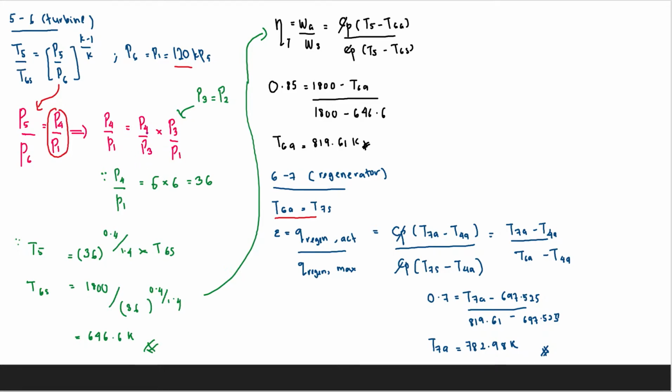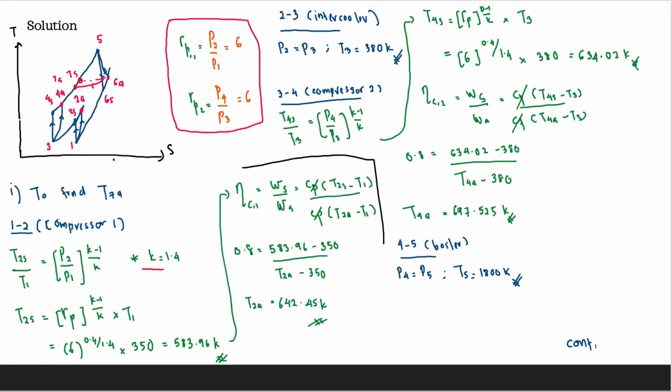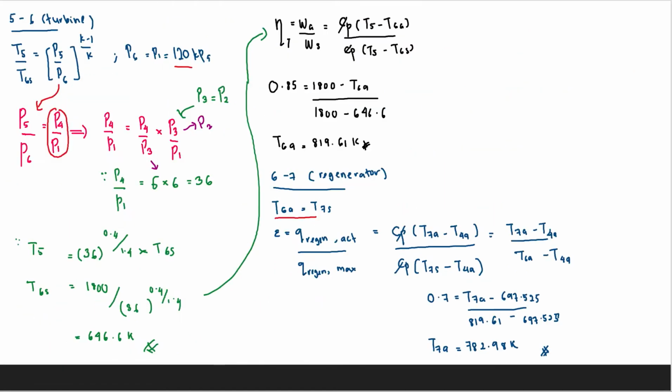I know that P4 over P3 is 6, and P3 over P1: P3 is equal to P2. If I refer here, P3 is equal to P2, then P2 over P1 is equal to 6.